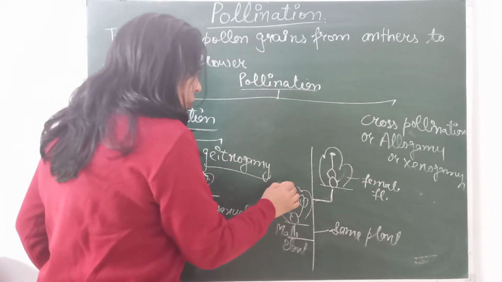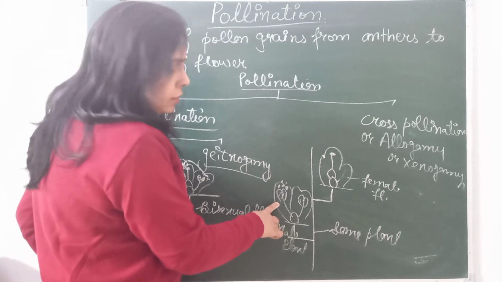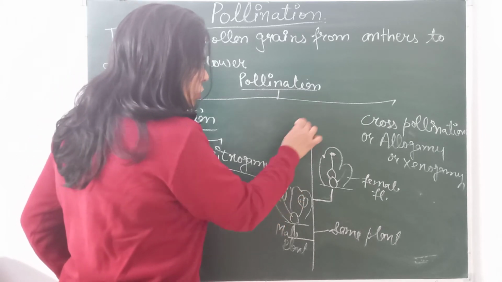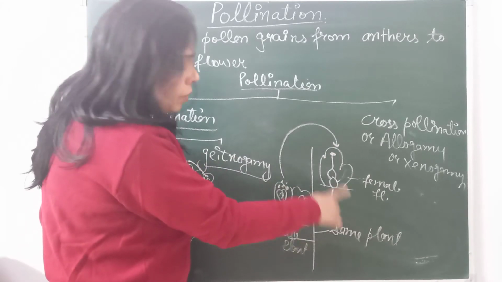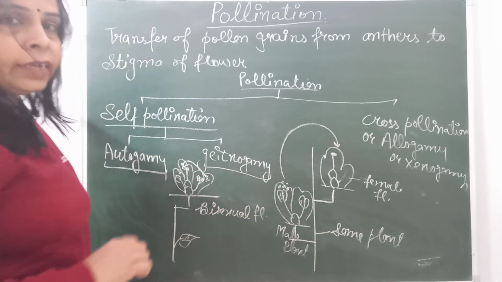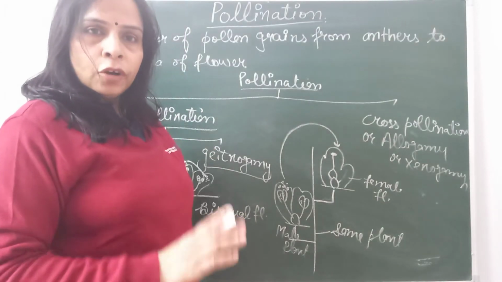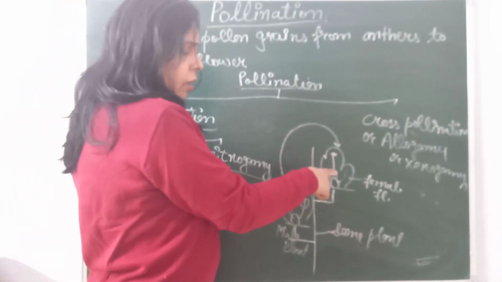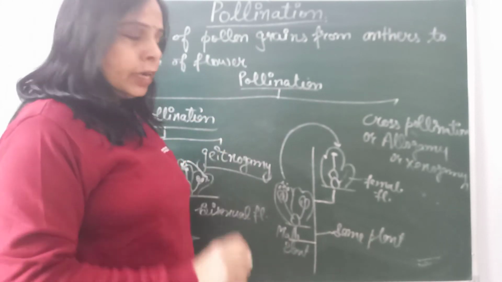Now, if the pollen grains are released from this anther and transferred to the stigma of another flower but on the same plant, right?